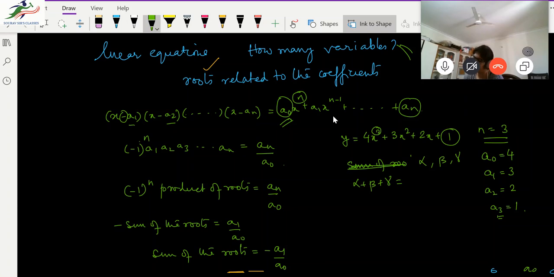So what is the value of a1 here? Minus 3. Minus a1 is 3, a0 is 4, right?